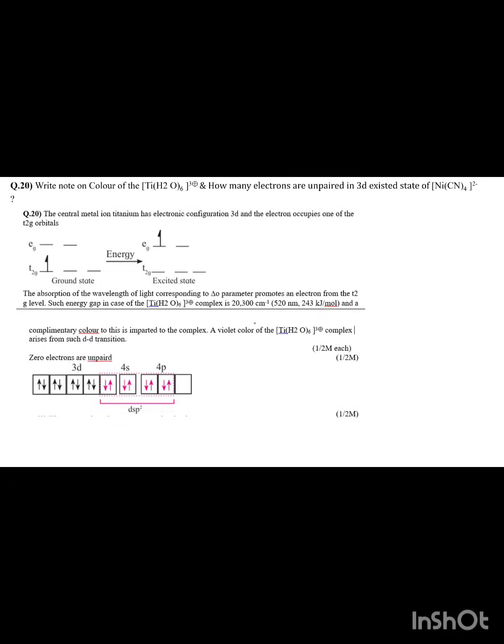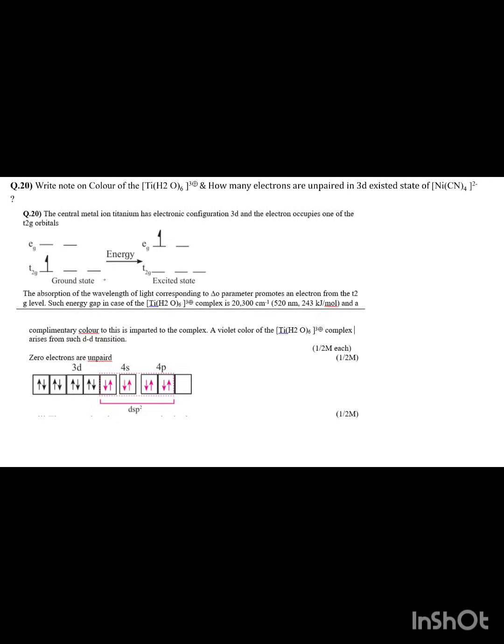Ground state of titanium has only one electron. In the excited state, this electron moves from the ground state to the excited state. The absorption wavelength of light corresponds to the delta zero parameter, which promotes the t2g electron to the eg electron. So the complementary color will be showing here with respect to the d-d transition.